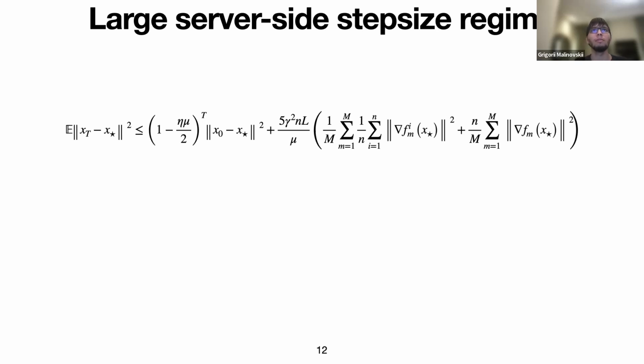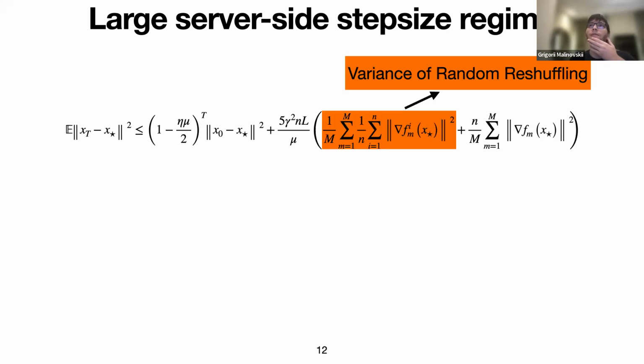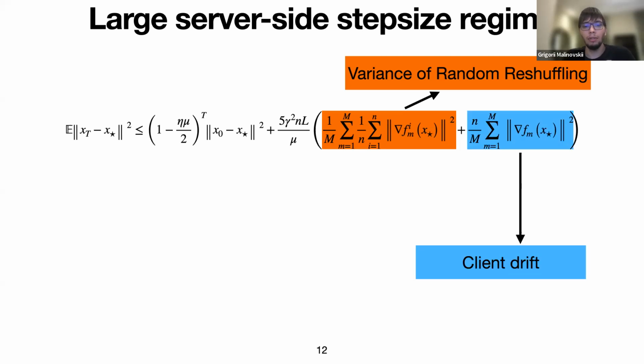The second term is the local variance of the method. It's the variance of random reshuffling, proportional to the double sum of squared norms of gradients at the optimum. It's a pretty standard thing in these algorithms, so there is no surprise. And the third one is client drift.